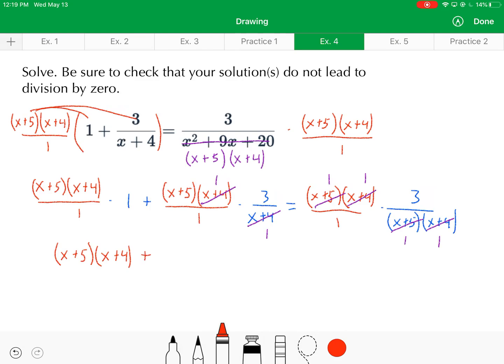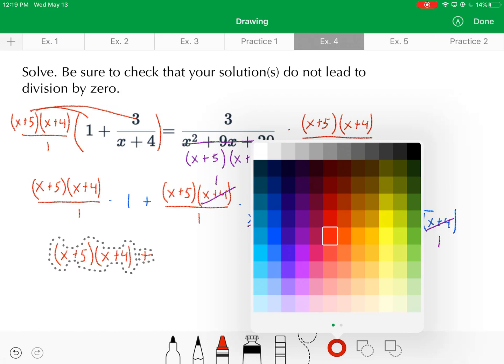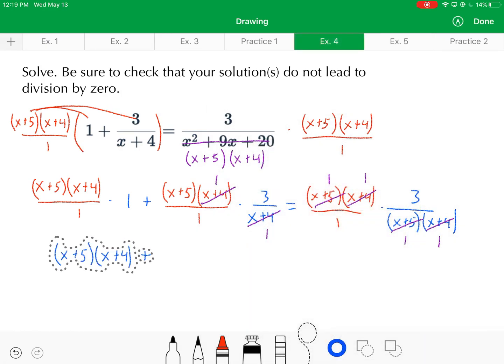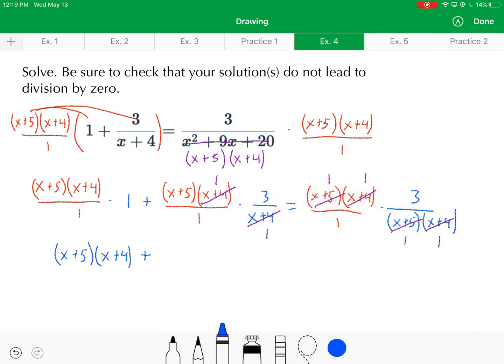And then we have plus 3. You know what? I'm going to change my colors here just to stay consistent with how I've done this in the past. Okay, so that's blue. All right, now we've got plus the 3 times x plus 5 that are both left over equals 3.